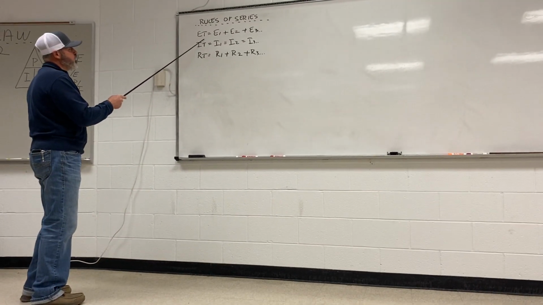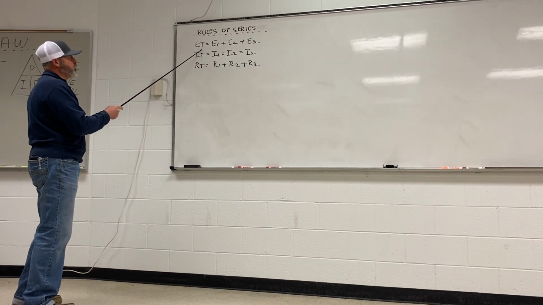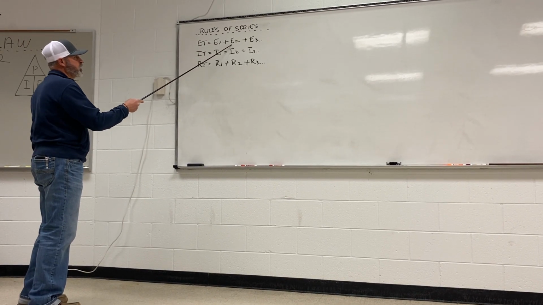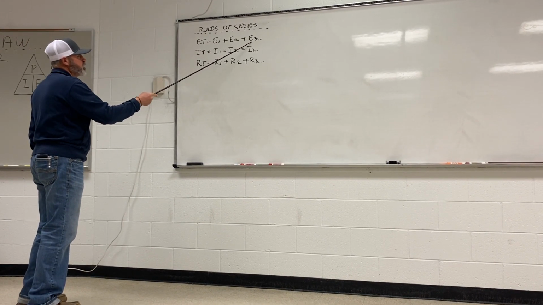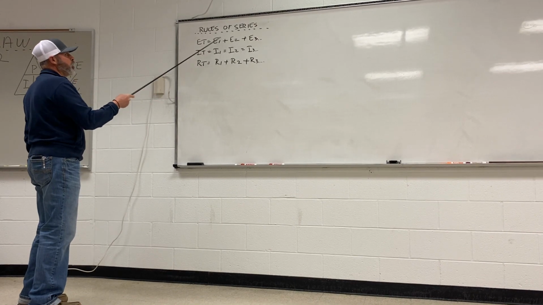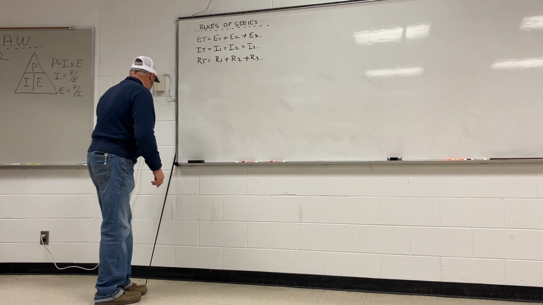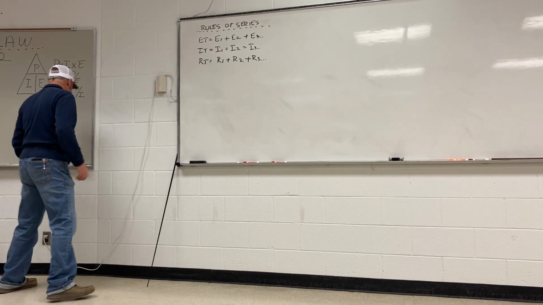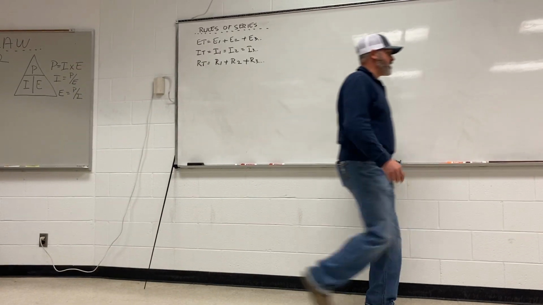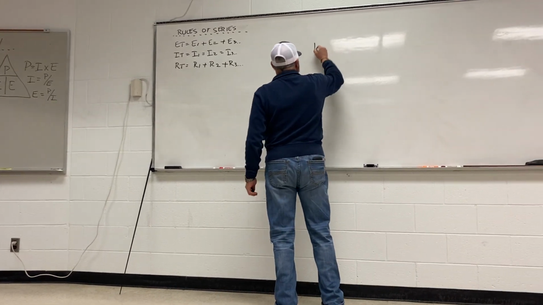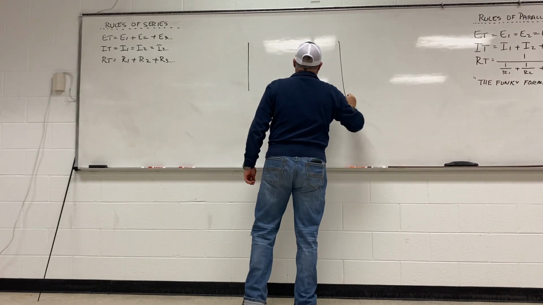Let's break down the series rules first. The total voltage in the circuit is equal to the load voltage 1 plus the load voltage 2 plus the load voltage 3, all added together is the total voltage. And then the amperage in a series circuit is going to stay the same. So let's draw a simple series circuit and look at what we're talking about.